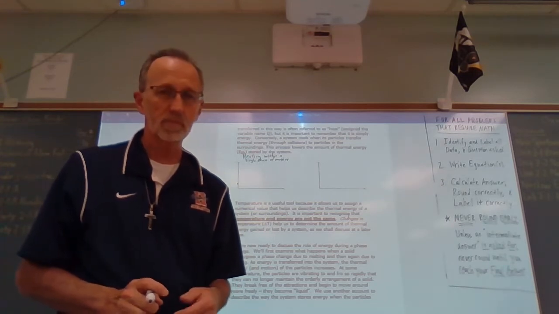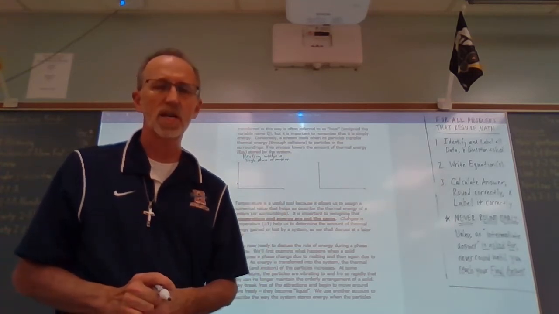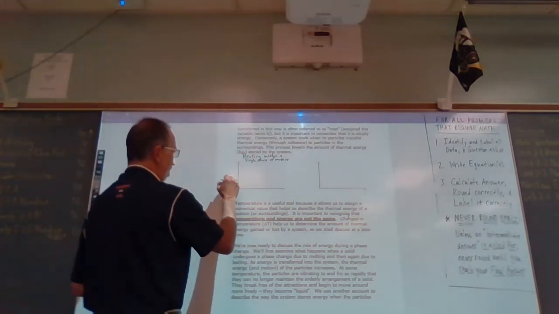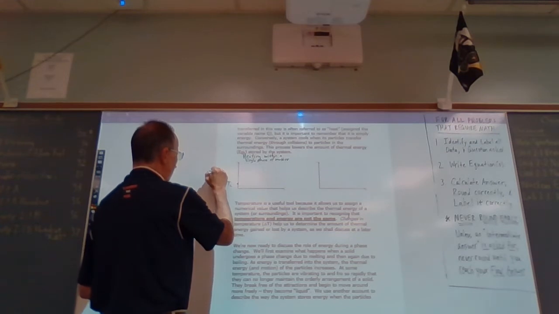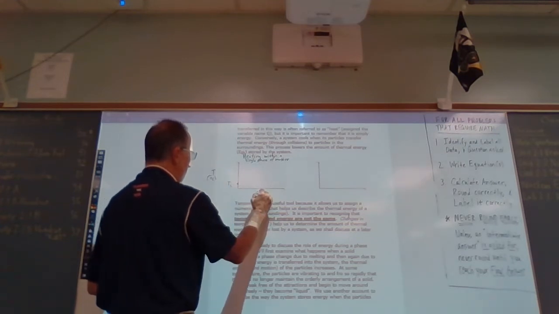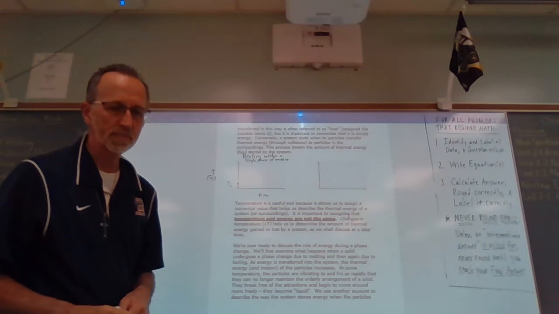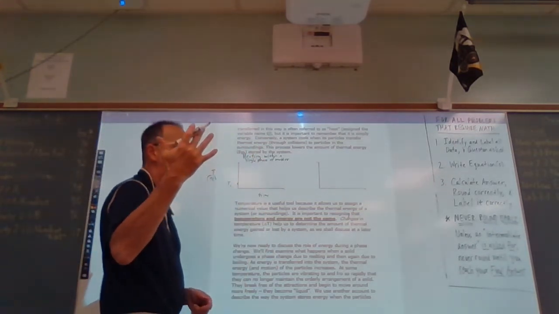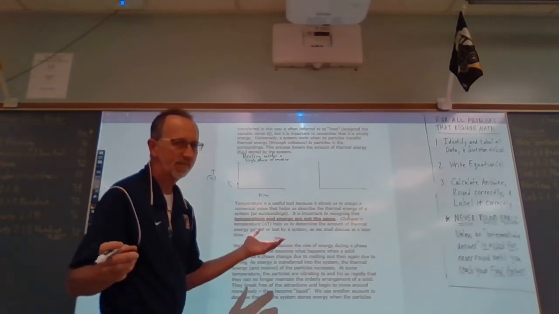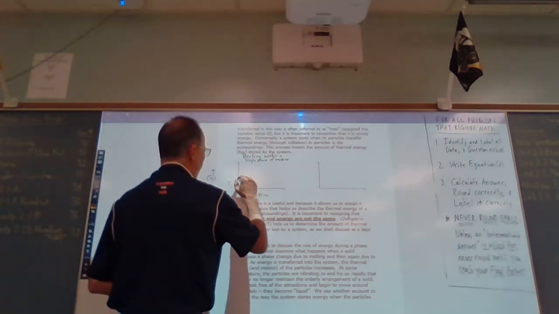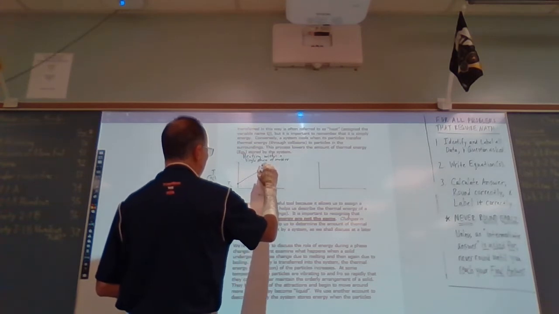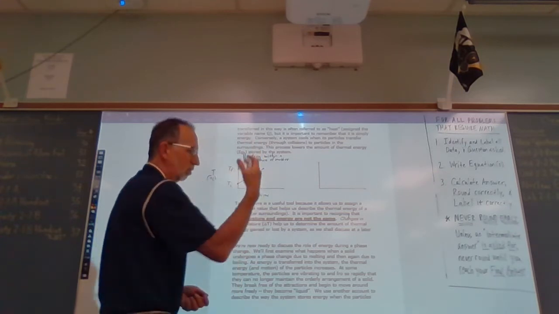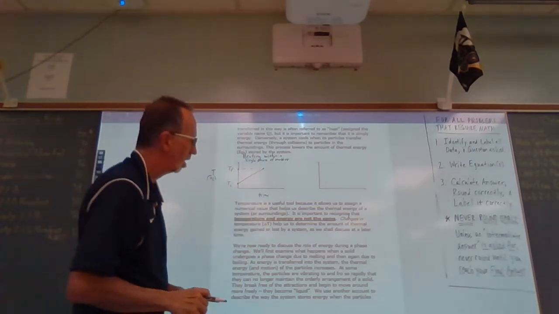If you heat it or cool it within that temperature range, it's staying a liquid. So we'll say we're going to heat it. Here's our initial temperature. This is, again, temperature in degrees Celsius, and this is time. Let's say we heat water up from 25 degrees Celsius to 75. It's going to stay water. So we heat it up. Let's say this is our final temperature, 75 for the sake of argument.